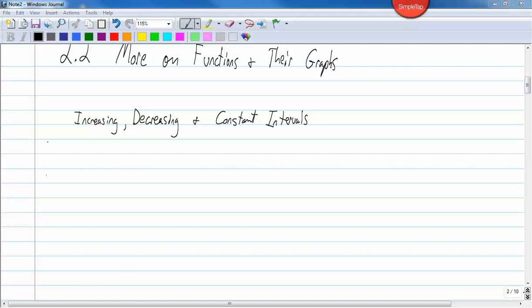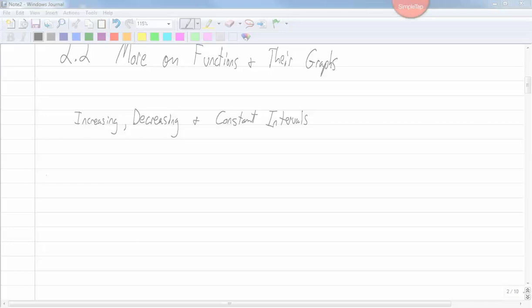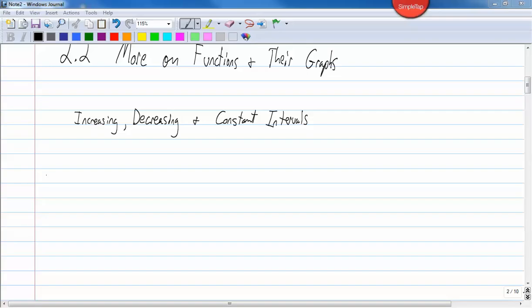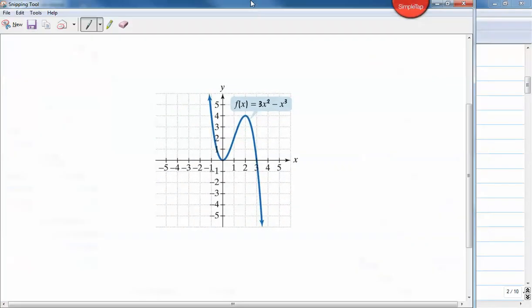Okay? So let's look at this graph. All right. So remember, arrows on the end mean that it keeps going in that direction forever. So it looks like this graph is going to keep going up and out forever, and it's also going to be going down and to the right forever. So up and to the left forever, down and to the right forever.